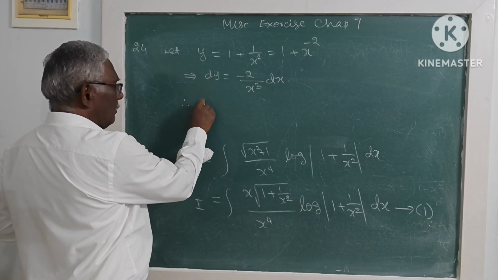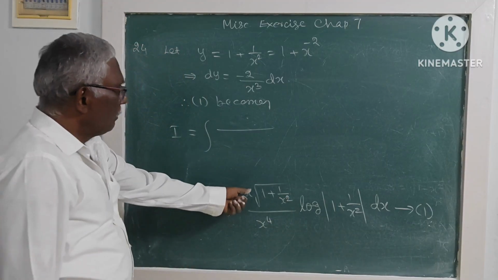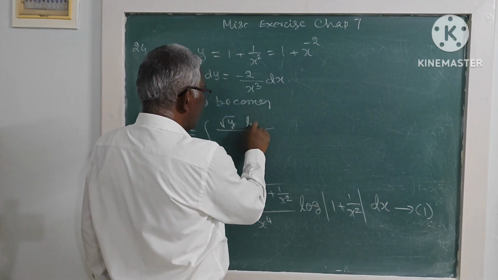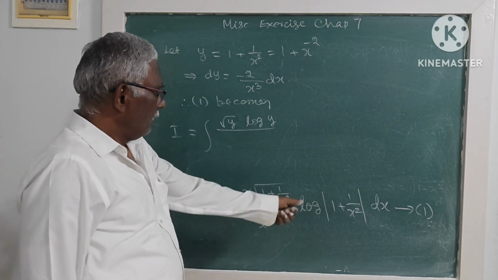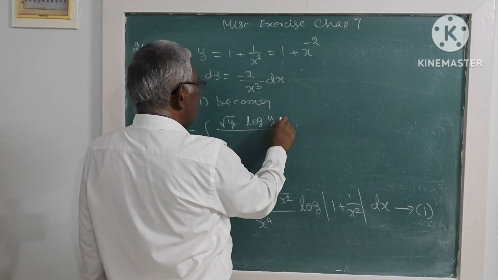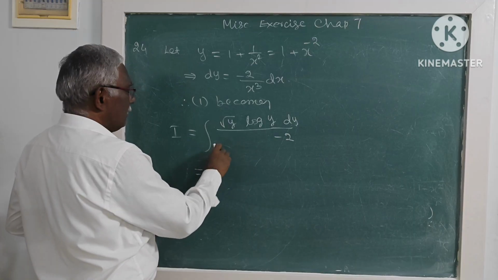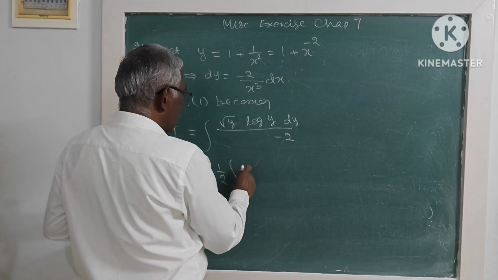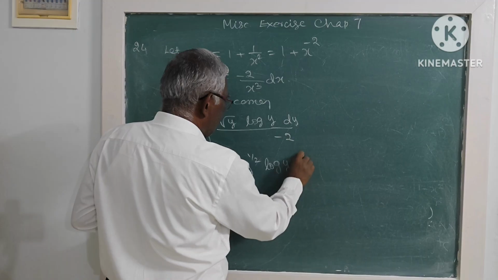Therefore I becomes equal to integral root of 1 plus 1 by x square, which is nothing but square root of y. This will be log of y, then dx by x cube is nothing but dy by minus 2. We will take 1 by minus 1 by 2 integral y power half log y dy.